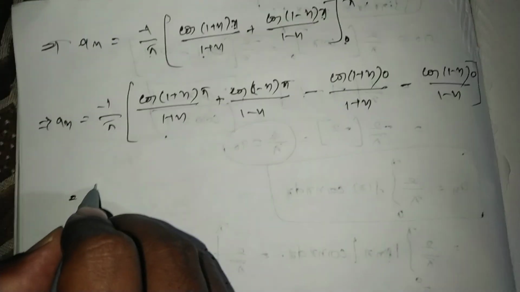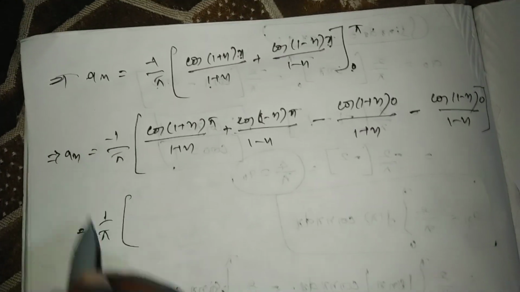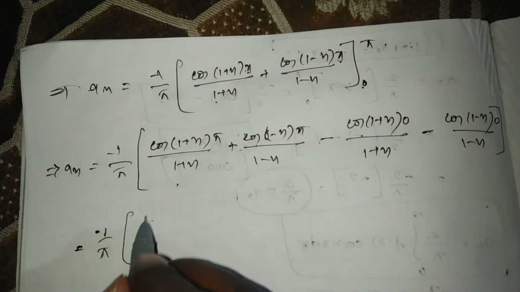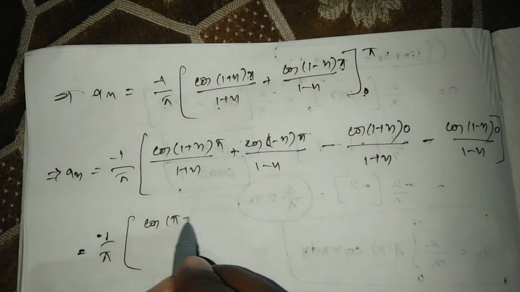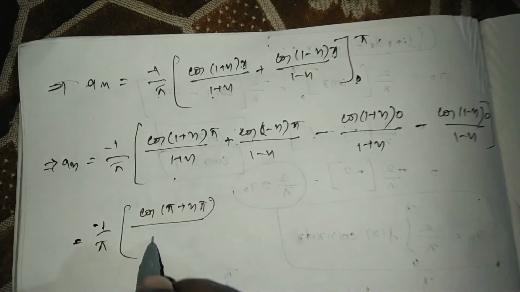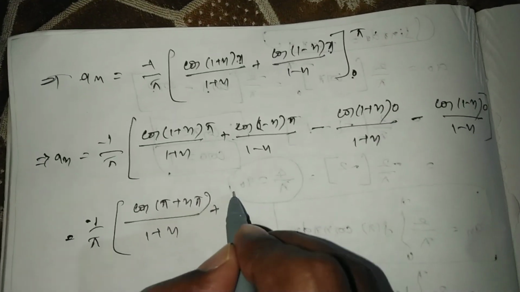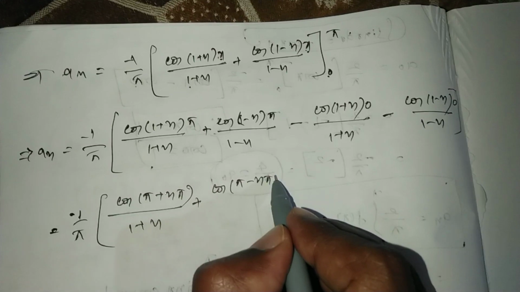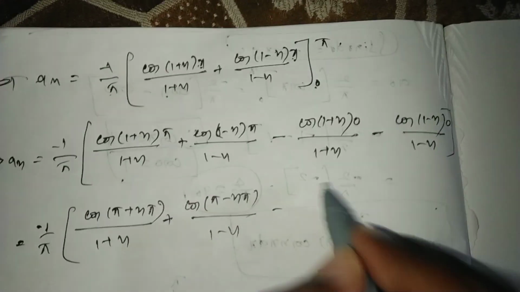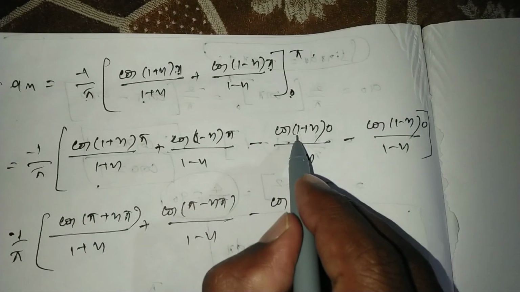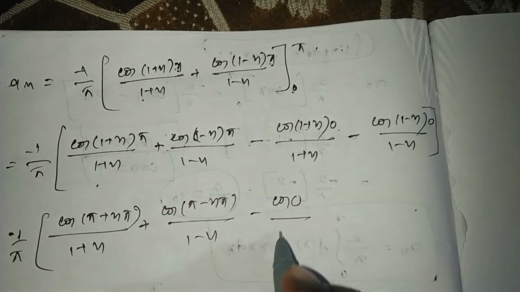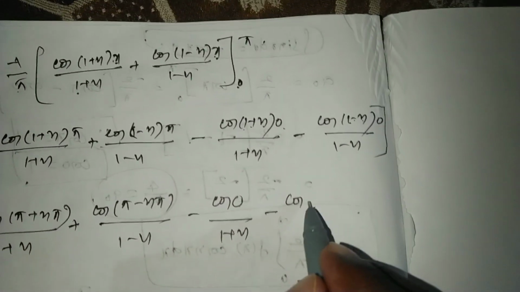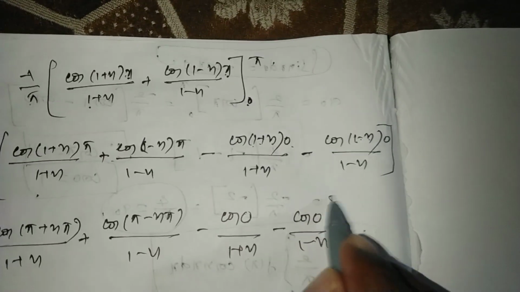That is equal to negative 1 by pi into, this can be written like this also, cos of (pi plus n pi) by (1 plus n) plus cos of (pi minus n pi) by (1 minus n) minus cos of (1 plus n) into 0 by (1 plus n) minus cos of (1 minus n) into 0 by (1 minus n).